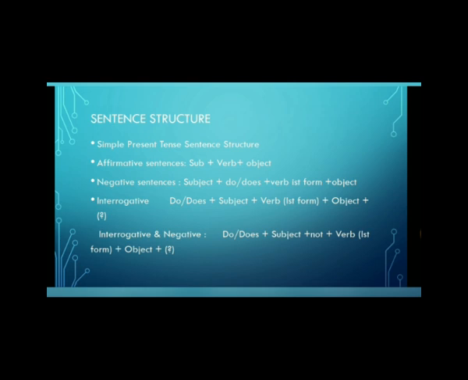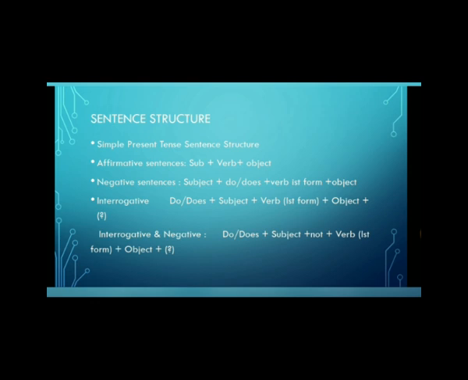Now we will read the sentence structure of simple present tense. In affirmative sentences, sentence structure is subject plus verb plus object. Subject is a doer, verb is an action, and object receives that action. In negative sentence, subject plus do or does according to the subject plus first form of verb plus object.